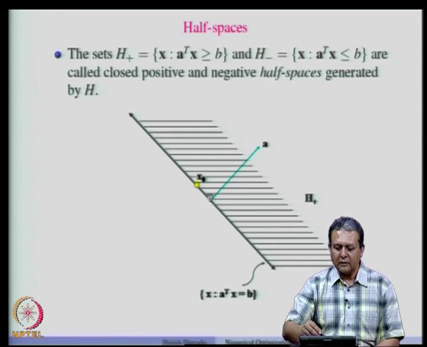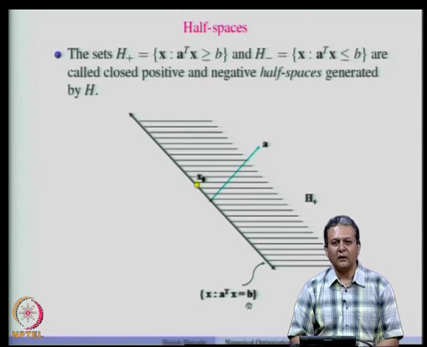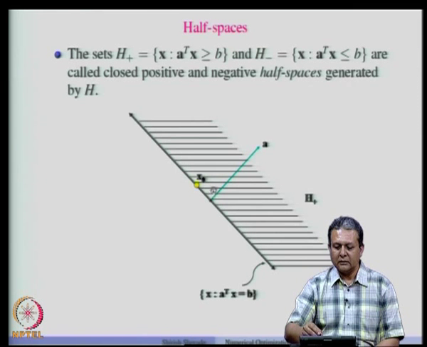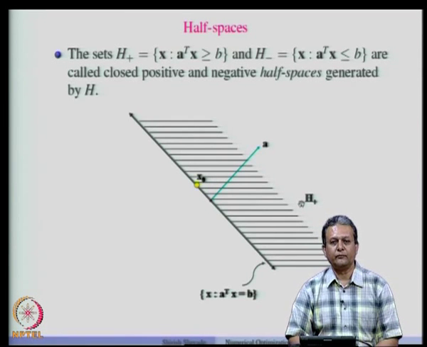We have a hyperplane H, and A is normal to this hyperplane. The hyperplane is the set of x such that A transpose x equals b, and the set of points which lie on this side of the hyperplane where A is pointing is called the positive half space.